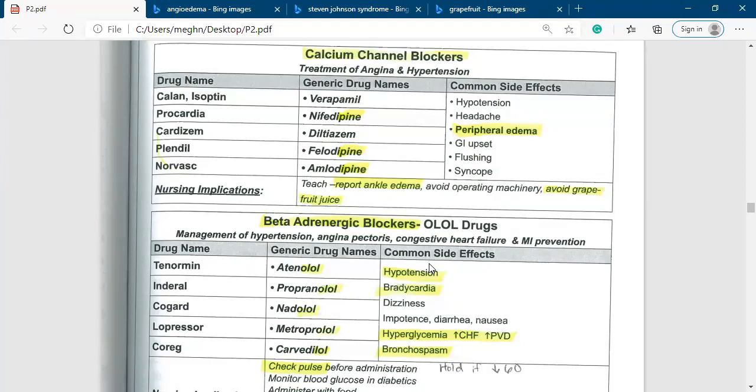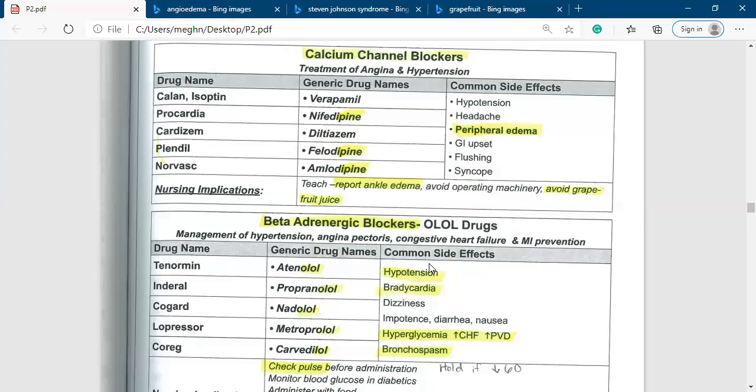So the effect of beta blocker and calcium channel blocker is almost the same. Both reduce blood pressure, reduce pulse, but increase the contractility of the heart, which means it is good for the heart patient, right?